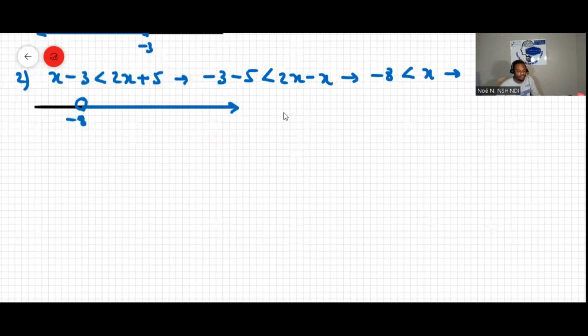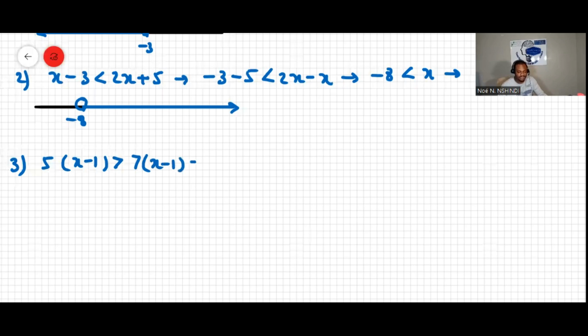Next question would be question 3. The question says 5 open bracket x minus 1 close bracket greater than 7 open bracket x minus 1.